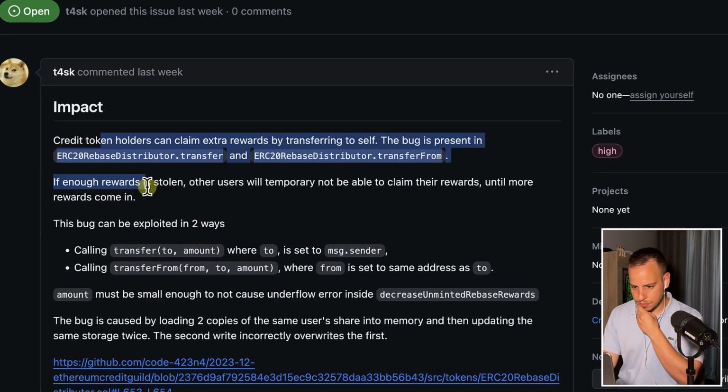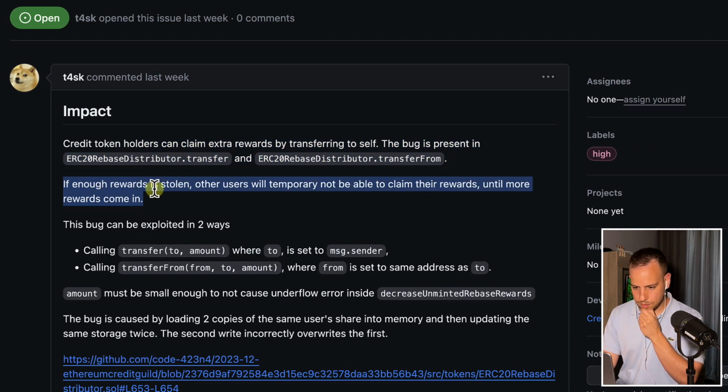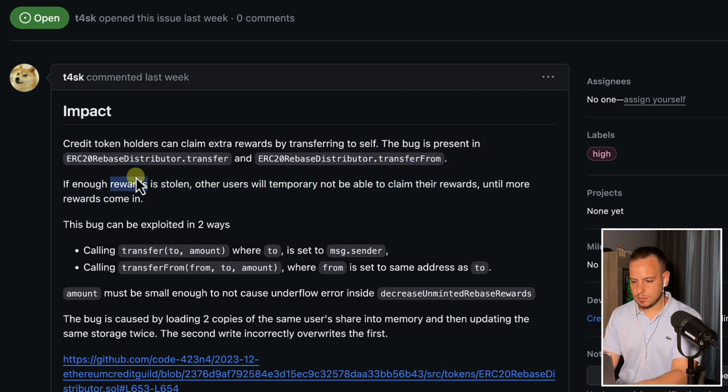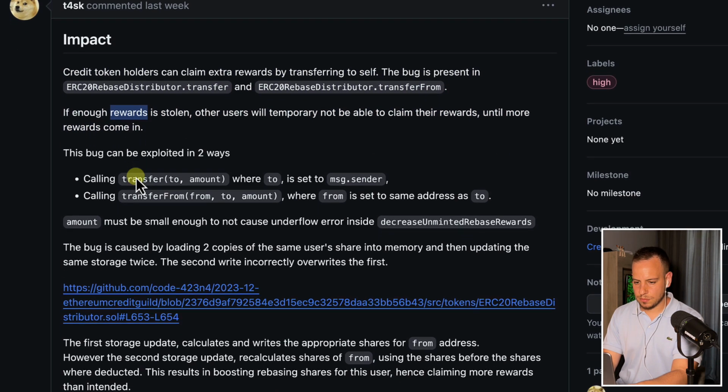The cause, basically, is that when you transfer credit token to yourself, it creates 2 copies of your shares inside memory. And then later on, it updates those two positions.